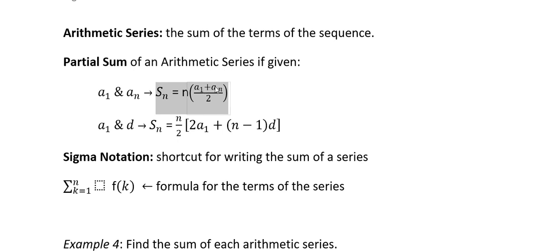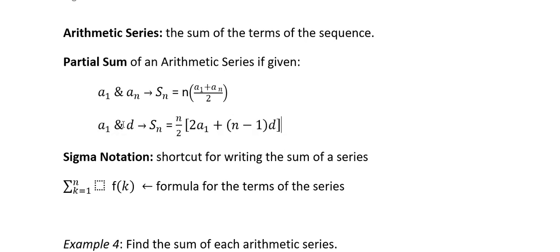We only need to know a sub 1 and a sub n. If you have a sub 1 and d, then we will use this equation. Usually they'll say, if you have a sub 1 and d, find s of 12, and so you know n as well because they're defining it and what they're asking you for.